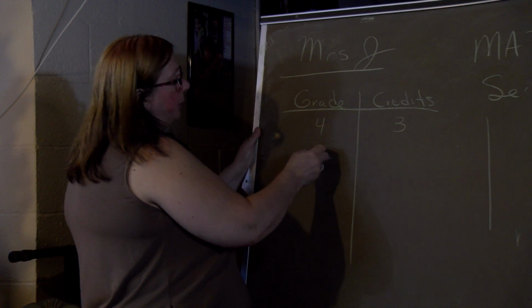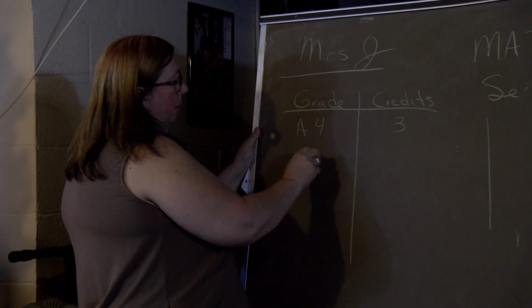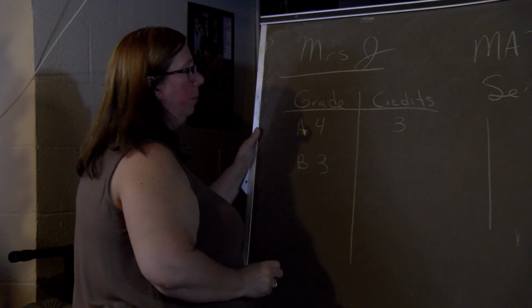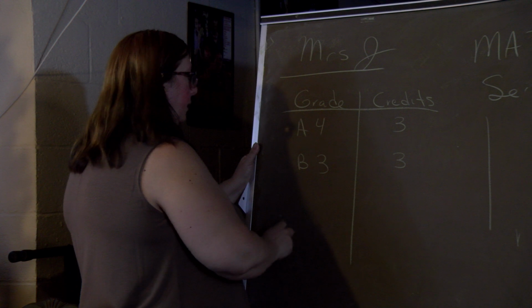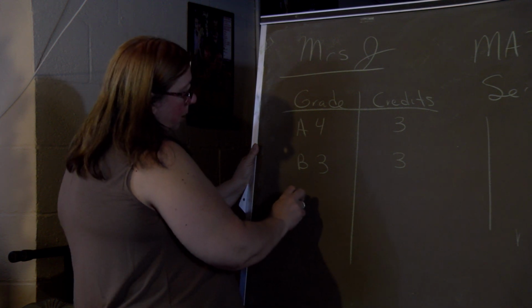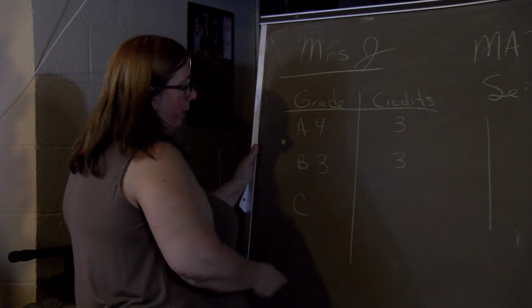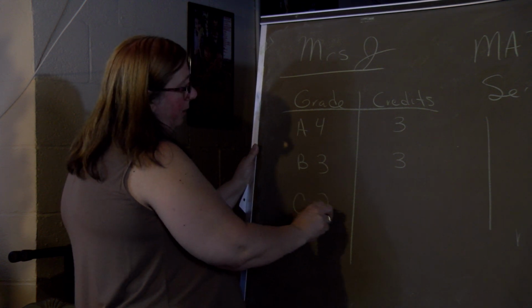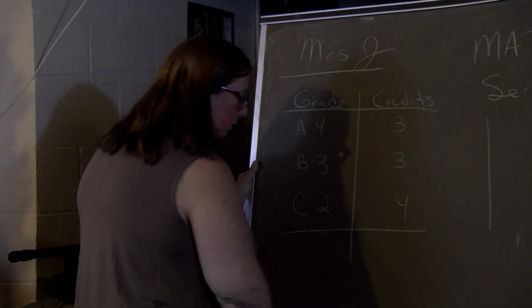And then your science class, you got a B. A B is worth 3 points, and maybe it's also a 3 credit class. And let's do one more, English. Just so we see all the variables, if you get a C in English, but it's a 4 credit class.